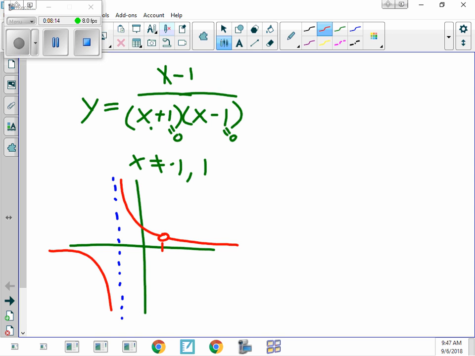But notice there is no graph at -1 because it shoots off to infinity. There's also no graph at +1 because there is, what did we call those? A hole, which means the graph jumps right over that piece. And if you graph this in your calculator, you won't see the hole. It doesn't show up.